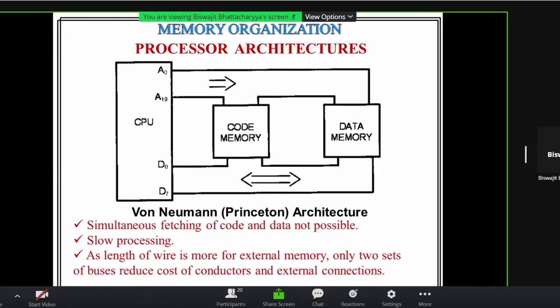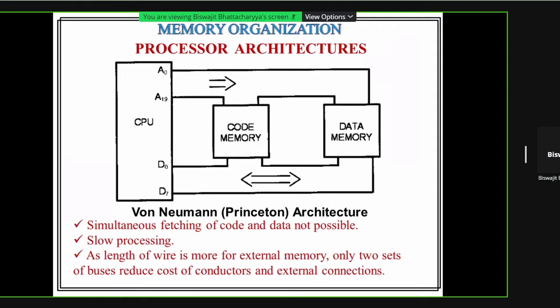Although we say that it's a slow processing, nowadays the clock frequency is so fast that it is really not slow. All our computers, our PC, personal computer, that is desktop or laptop, these processors are based on this von Neumann architecture or Princeton architecture.